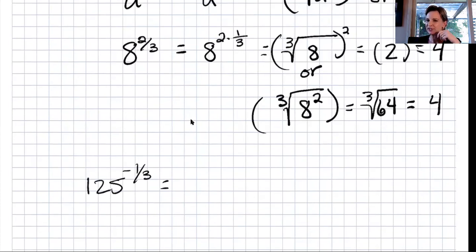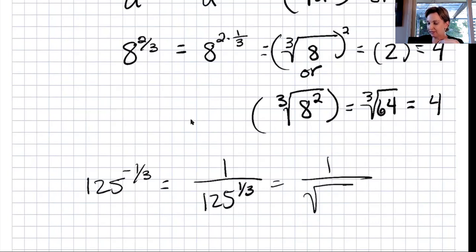The first thing I always do, like I said in our last video, is get rid of the negative first and then deal with the fractional exponent. So I would put this down here on the bottom, make it positive, and now deal with the fractional exponent. So it would be the third root of 125. And the third root of 125 is 1/5.